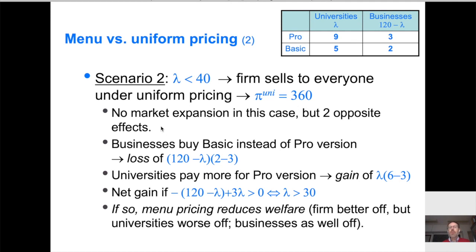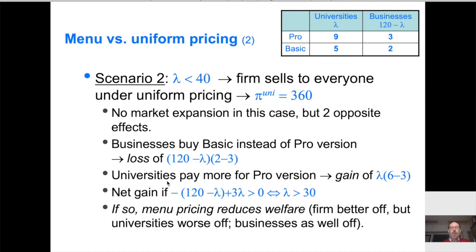So if you go from uniform pricing to menu pricing in that case, you cannot expand the market, or everyone is already buying under uniform pricing. Okay, so here the two effects of going from uniform pricing to menu pricing is that the businesses buy the basic version under menu pricing instead of the pro version. That means a loss for the seller. They lose 1 for each of the businesses.